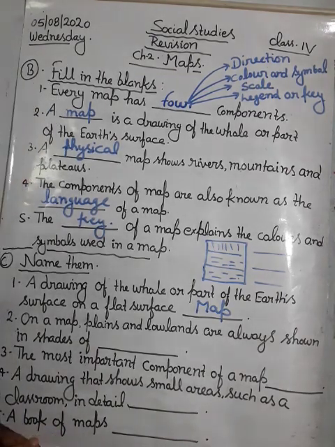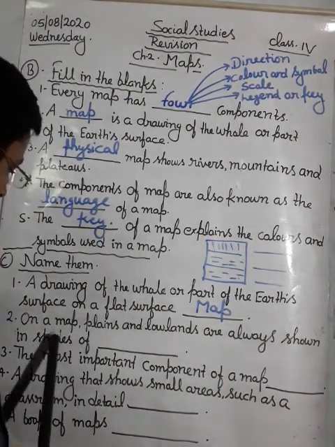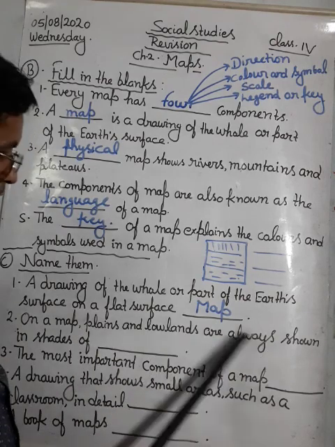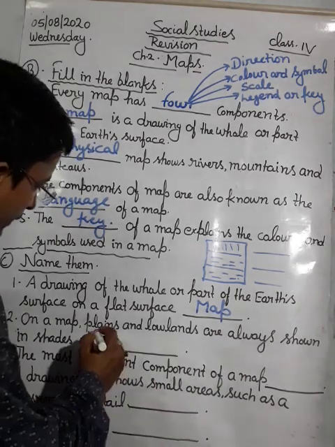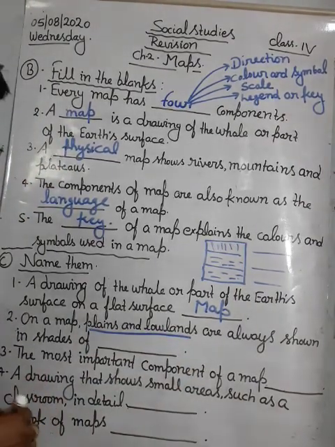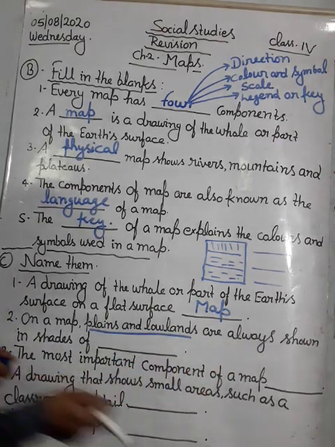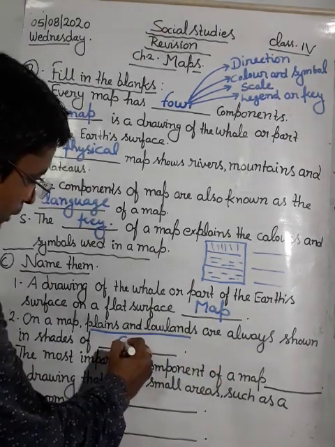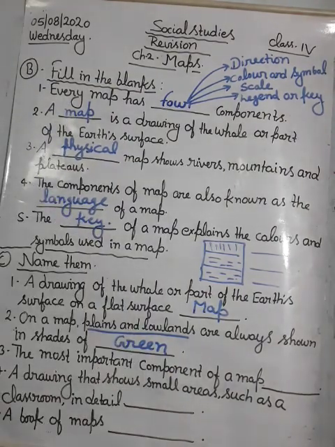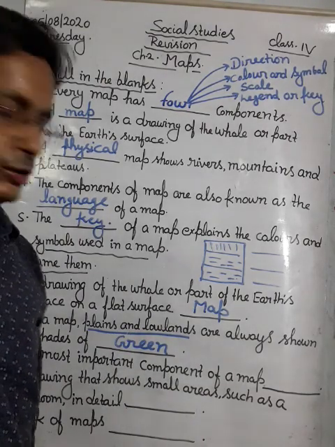Plains and lowlands are always shown in shades of green. The answer will be green. Brown is used for mountainous or plateau regions.